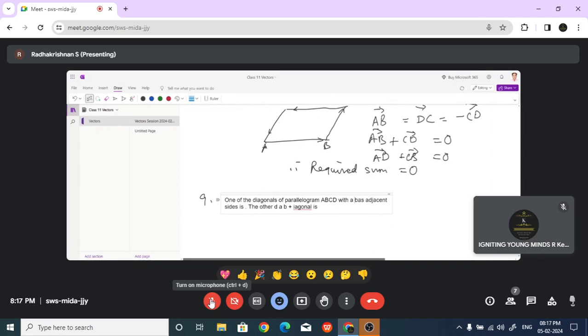A and B as adjacent sides. So one of the diagonals is A plus B.